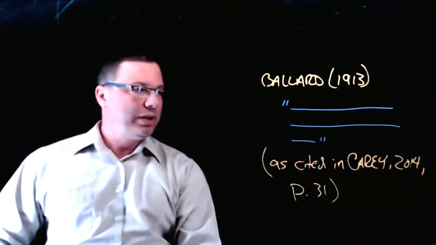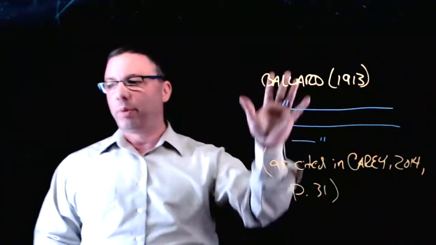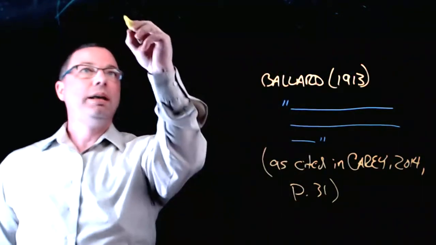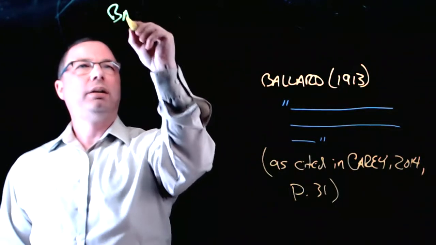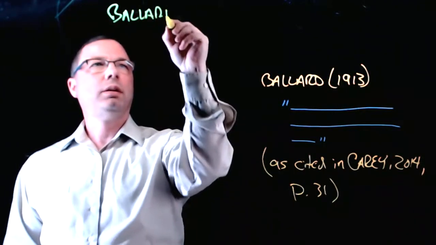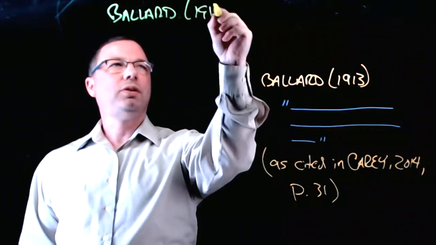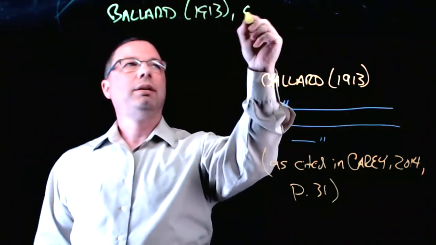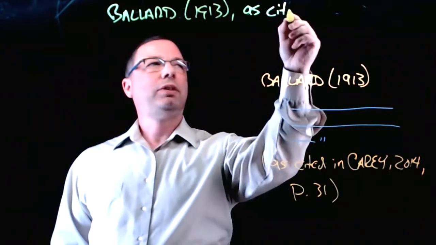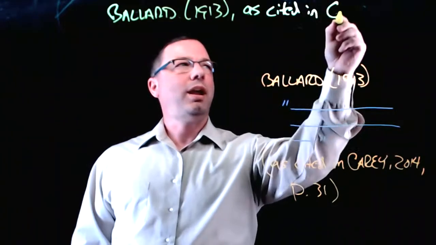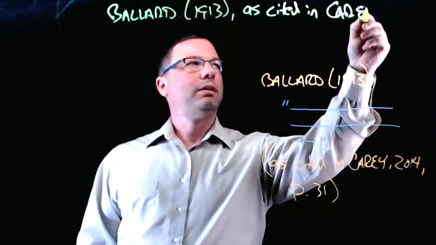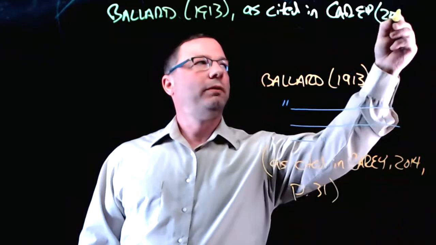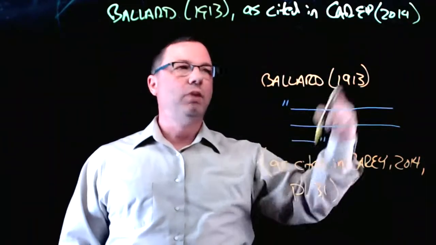Another way to write this, you can actually put the Carey information in part of your signal phrase as well by just stating Ballard 1913, comma, as cited in Carey 2014, and then your quote.